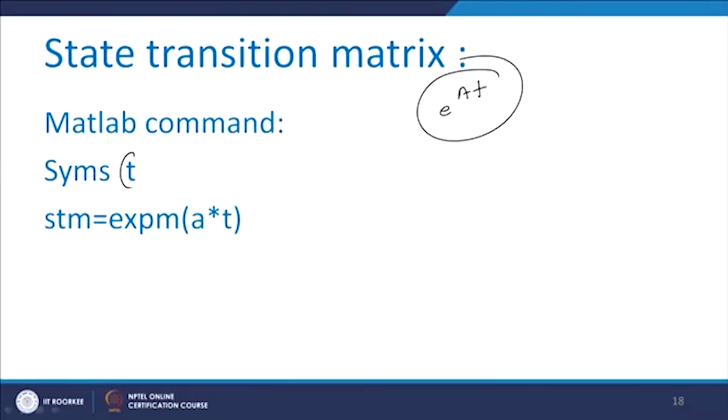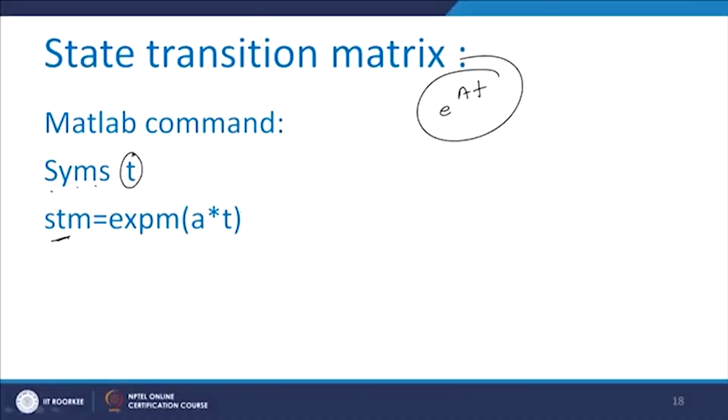But the main thing here is the variable t. If you want the result with respect to time t, in generalized form, we can write the command syms t, and then STM equals expm of A star t.